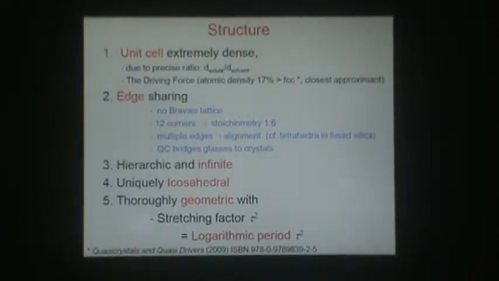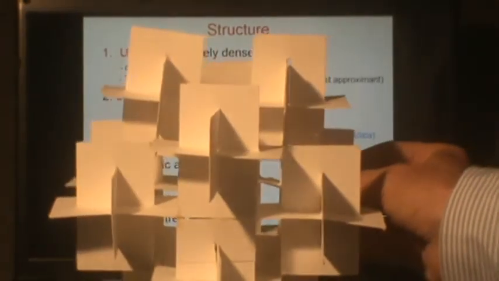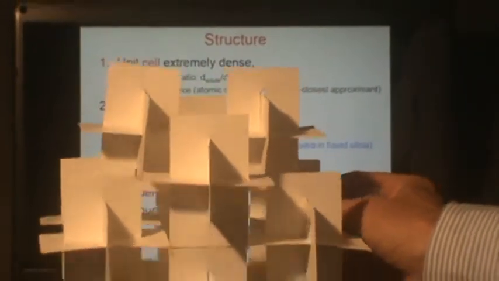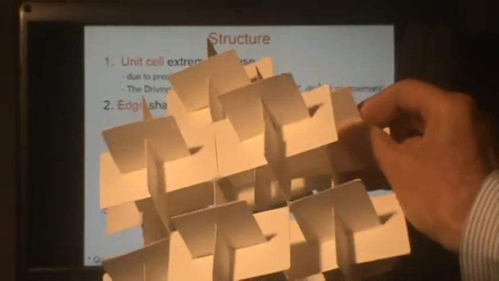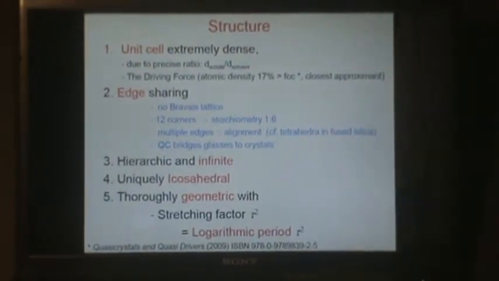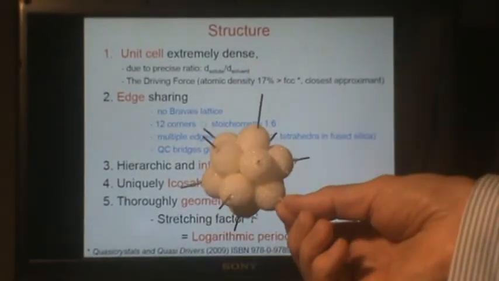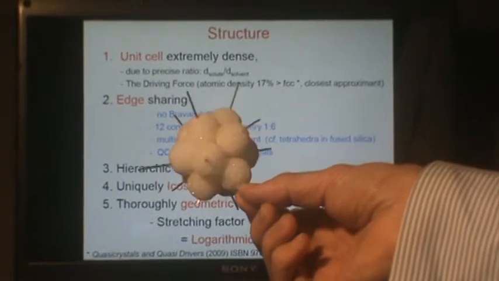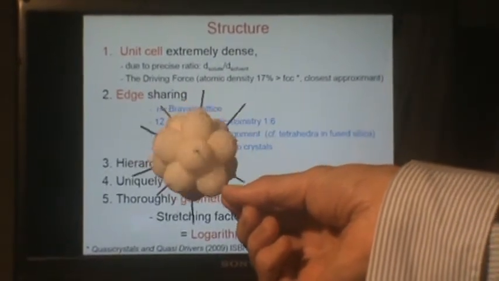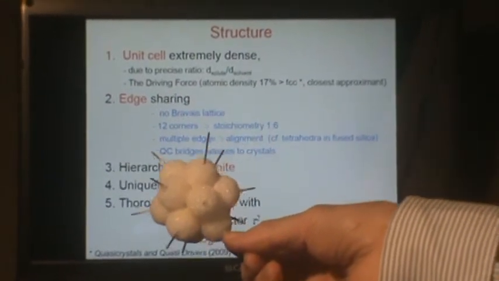Well, what is this structure? Here we have an icosahedral cluster made up of icosahedral unit cells. Each unit cell is extremely dense in the proper sense of the word. The density depends on the precise ratio of the diameter of the solute atom at the center to the solvent atoms on the corners.